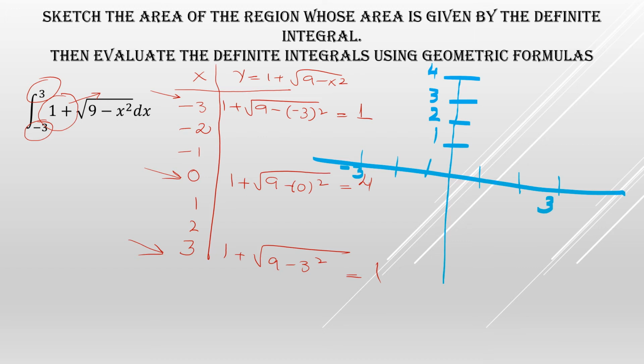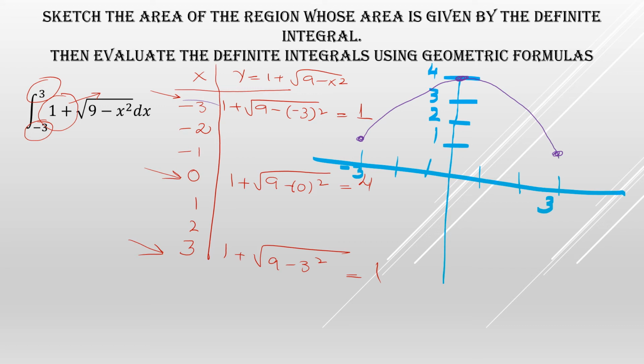Okay, now let's see how we will sketch the graph. Negative 3 and 1, 3 and 1, and 0 and 4. So we just took these points and we know that this is also the semicircle.